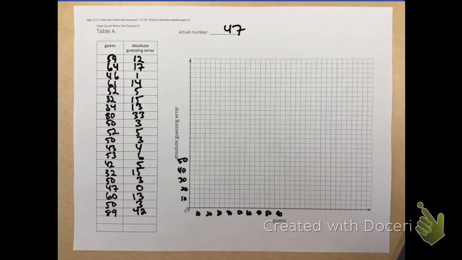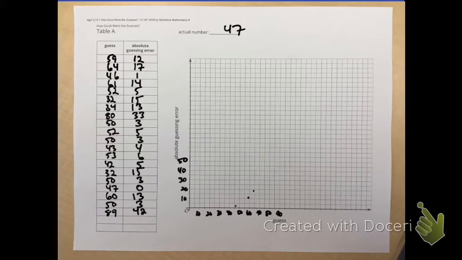So now I'm going to start putting these points down. I got 59, 12. This is going to be right about here. Okay? Then I got 64, 17. 64, 17 is going to be right about there. 46, 1.